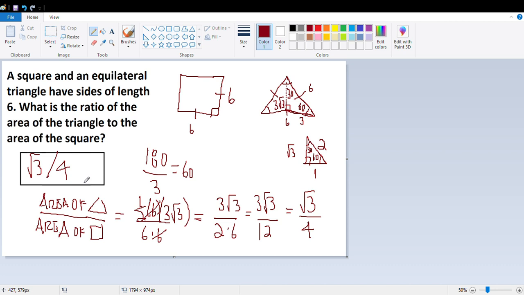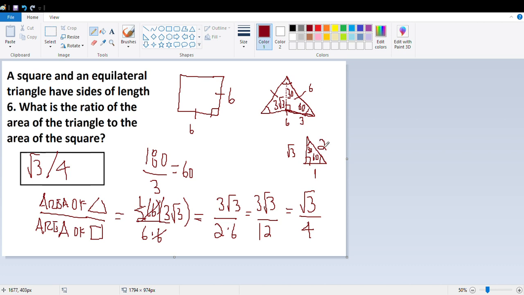Again, the meat and potatoes of this question was finding the height of the equilateral triangle. Extremely important. You do not want to go into a GRE test without knowing the 1, radical 3, 2, i.e. 30, 60, 90 right triangle. You definitely want to know that. You want to know the idea of the proportions. You see here with this 1, we just multiplied this by 3 and got that 3.